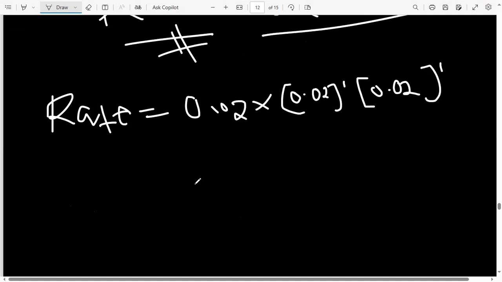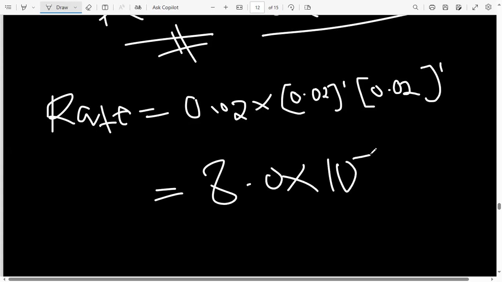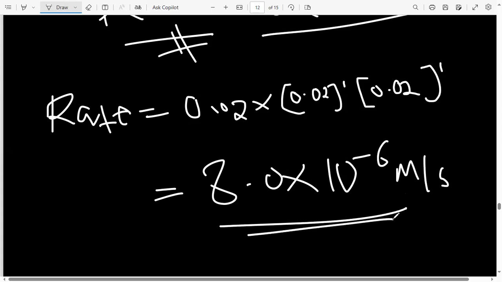When we multiply all these, we're going to get 8.0 multiplied by 10 to the power minus 6 as my rate. Okay, so we're done with this question.